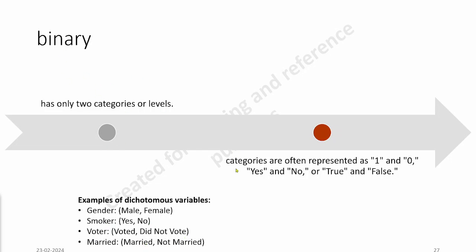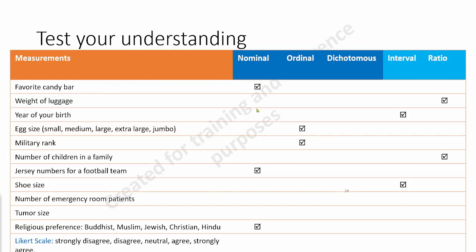So those are examples of binary. It's a slightly easier situation to deal with binary variables, but not so with the nominal variables and other discrete variables that we talked about. So you can test your understanding so far. You can pause the video and take a look at these examples.